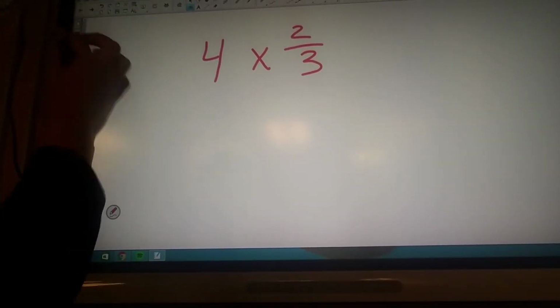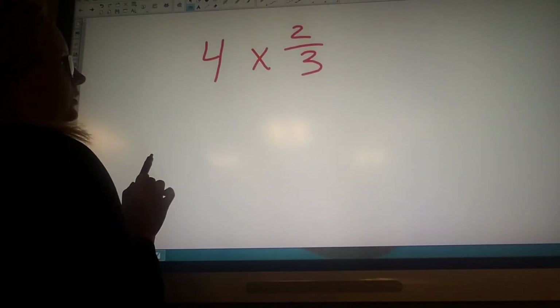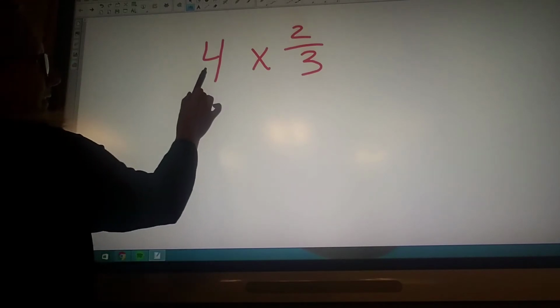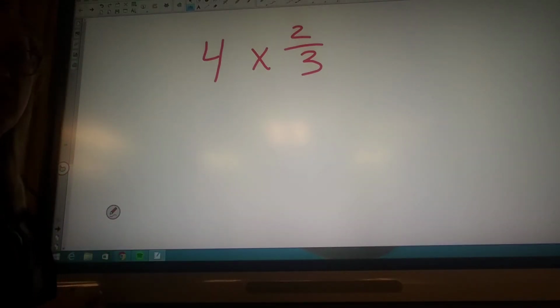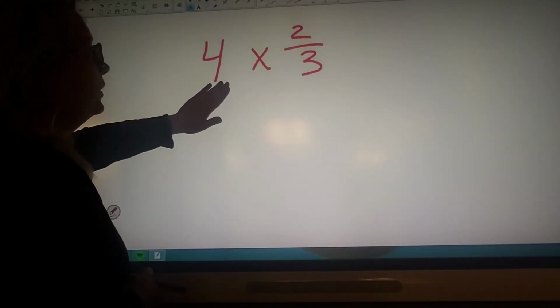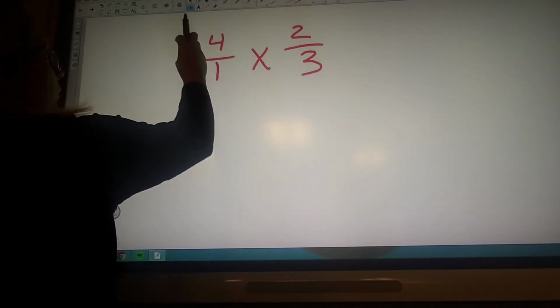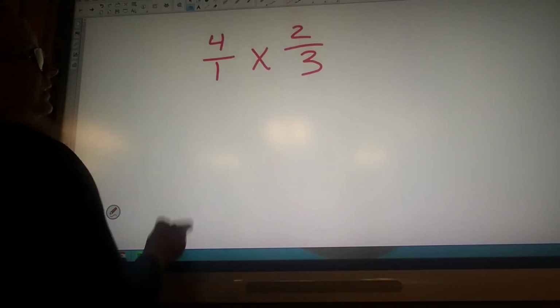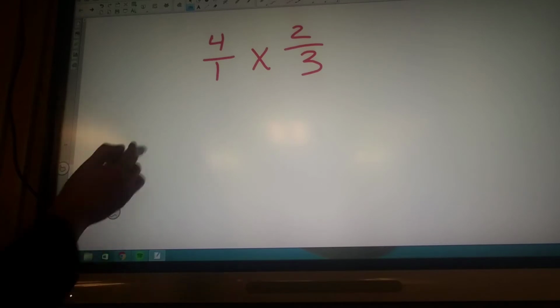You can leave the fraction just the way it is. But we have to figure out how to make 4 a fraction because they've got to match so we can multiply them. So 4 as a fraction is 4 over 1. So I would rewrite that as 4 over 1. And then I've got a fraction here and a fraction there. And then I would use my same multiplying rules that we talked about in lesson 8-1.